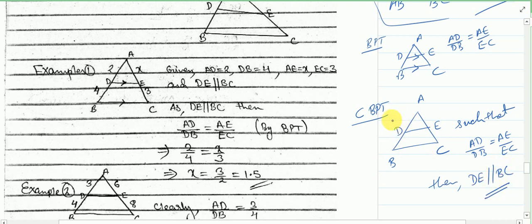Okay, the converse of BPT says that if you have a triangle such that AD upon DB is equal to AE upon EC, then in that case DE has to be parallel to BC.